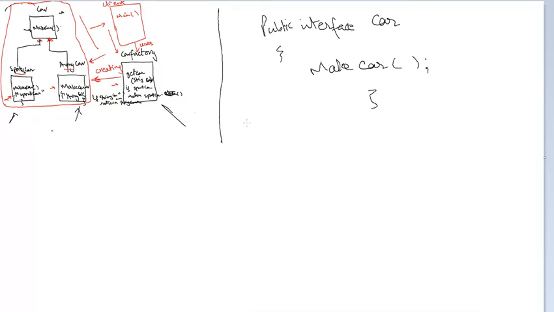Class sports car implements car. Now this is an implementation of the make car function, which is doing a printing.